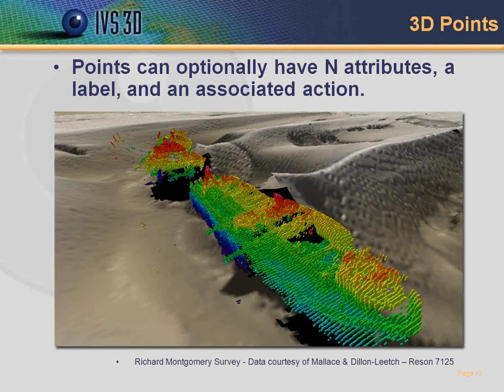The object type is quite sophisticated. It's not just X, Y, Z; you can have any number of attributes associated with it. There can be a label associated with each point, and also an action, which means when you click on a point, something occurs, which I can demo interactively a little later.